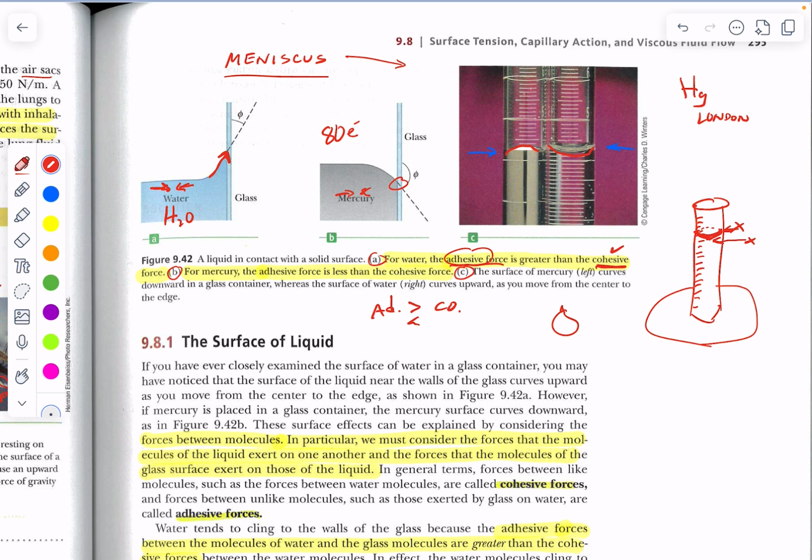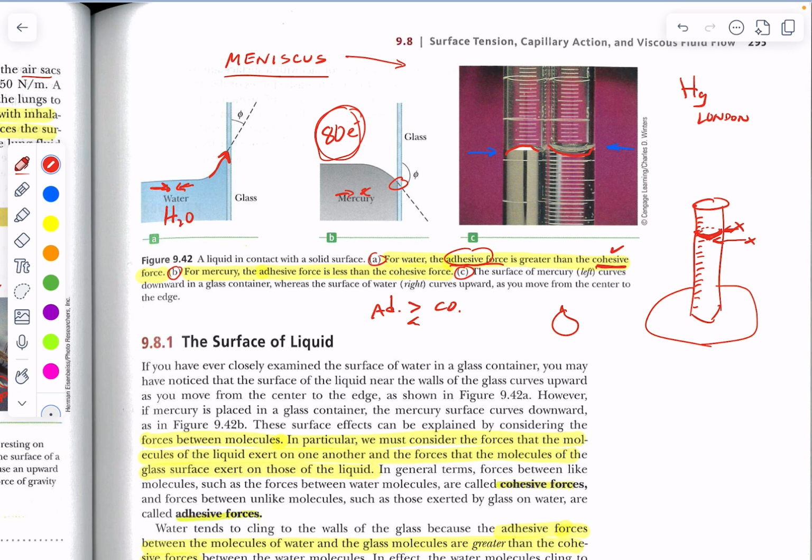And so it's very likely that as these mercury atoms are moving about and colliding with each other, they are going to create an uneven distribution of these electrons.